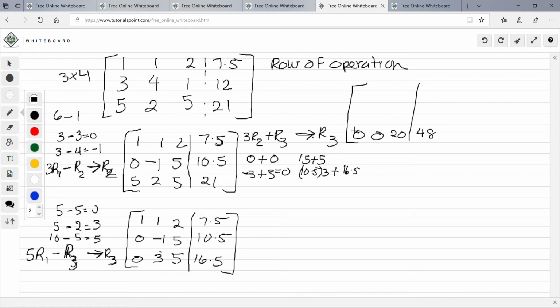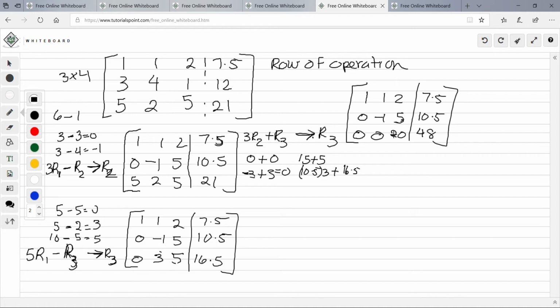And then bring down the original 2 rows, so it's going to be 0, -1, 5, 10.5, 1, 1, 2, 7.5.